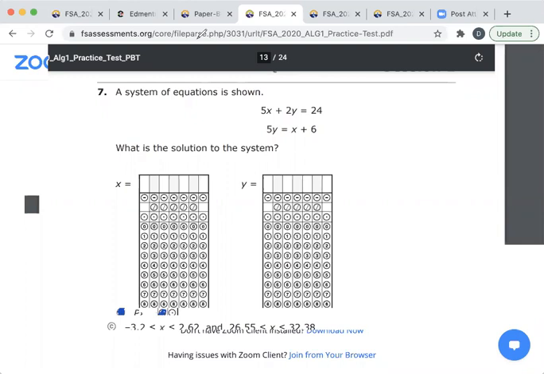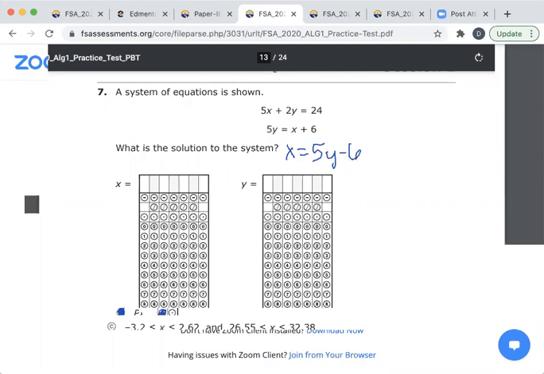So since the second equation is 5y equals x plus 6, I could substitute in for y, or I could substitute for x. If I were to subtract 6 to the other side, then I would have x equals 5y minus 6.